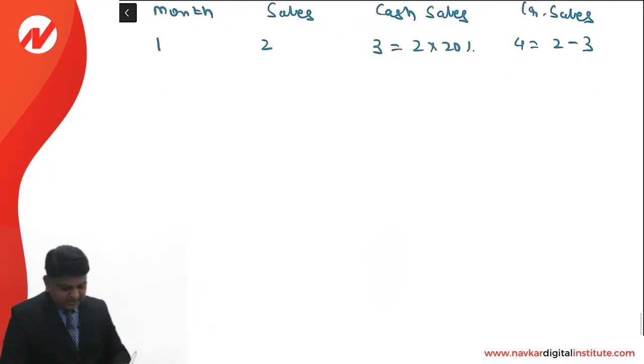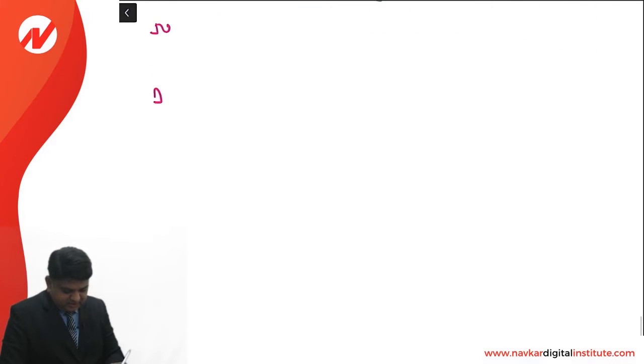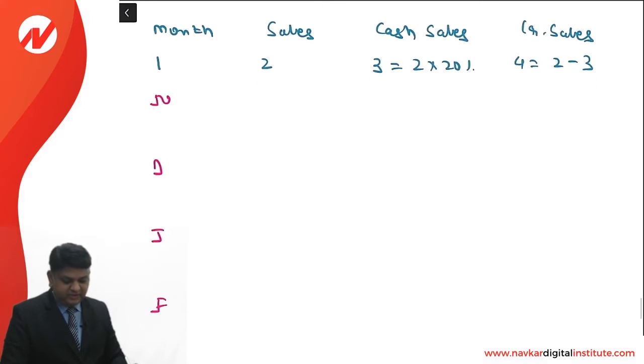We start again from the month of November, because which information may be useful we do not know. So it is November, December, January, February and March. The sales value which is given to us in the question is 6,40,000.